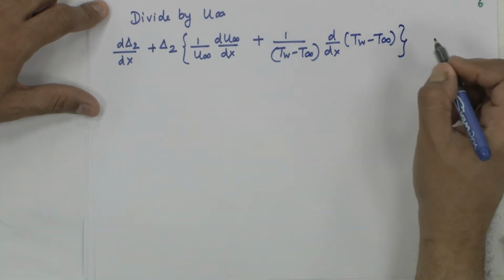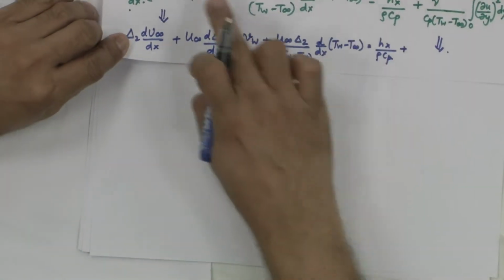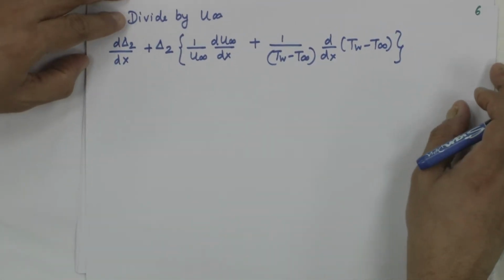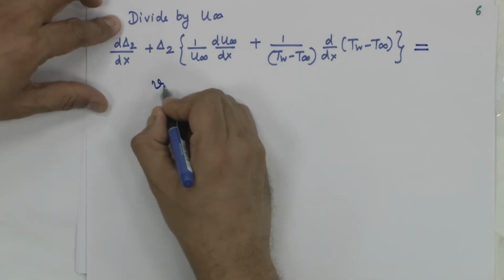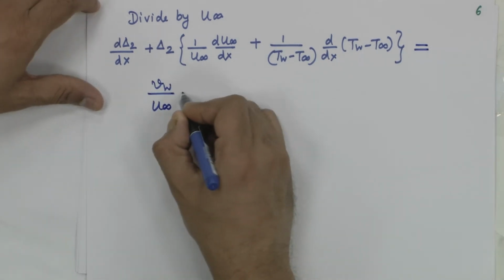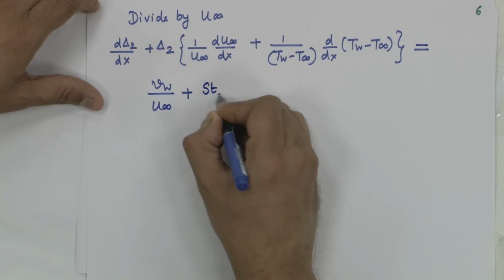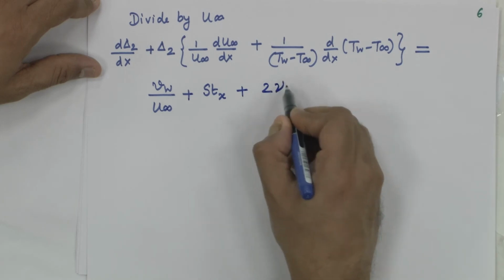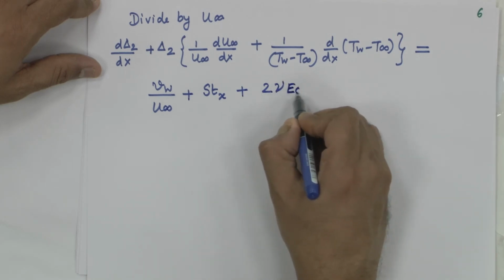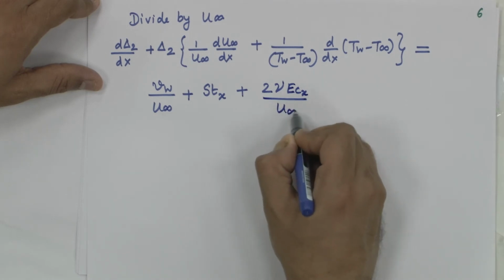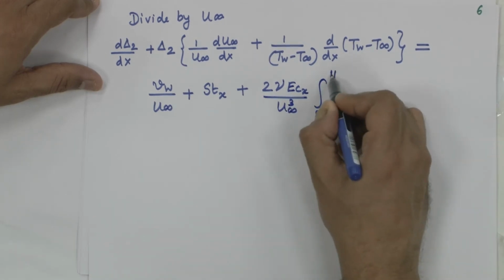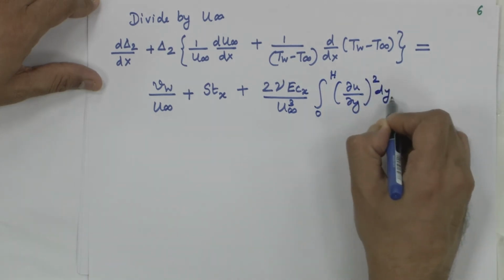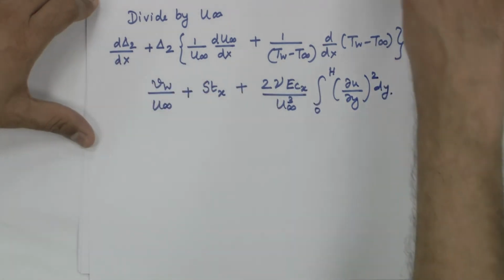This is my left hand side. Vw, I take it to the right hand side, so Vw by u infinity would be there. This is equal to Vw by u infinity plus the local Stanton number, which we will define, plus nu by Eckert. Okay. This is my energy equation.